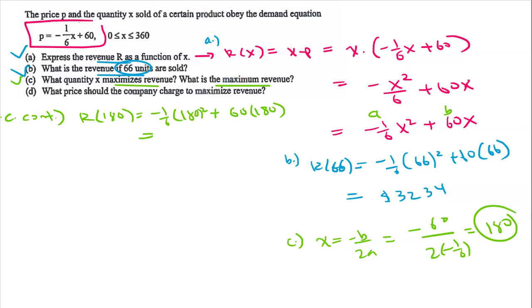When we do that, we get $5,400. So there's our answer for part C, and there's the answer for part B.